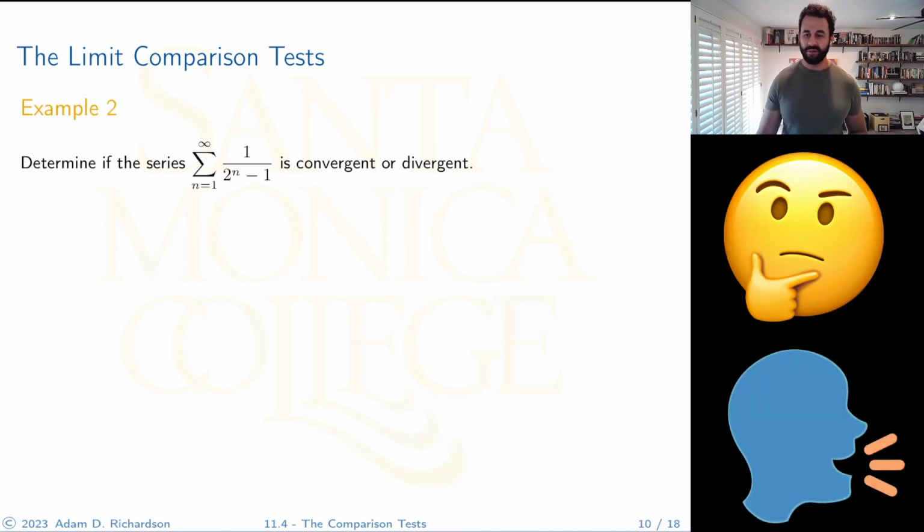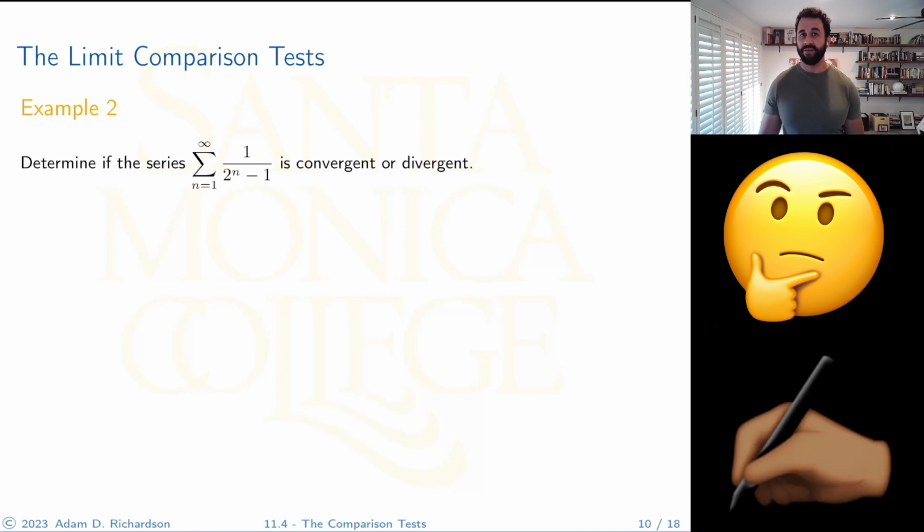What's that series that you want to compare to? All right. Now try to work it out on your own. Remember, write complete sentences. Write out your argument with complete sentences. Show the comparison, cite the theorems, all that stuff.